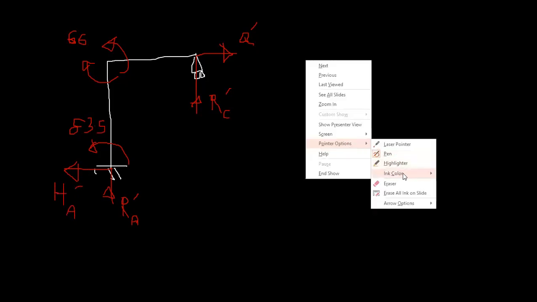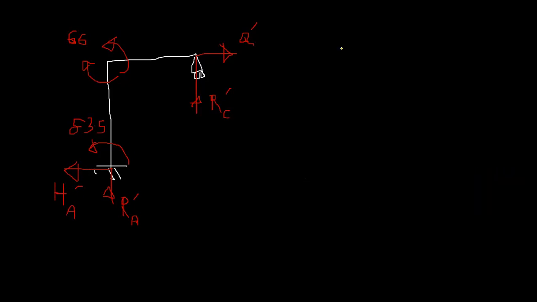This is a completely separate system, right? So again you need to find Q, right? To find Q, I will take sigma F in horizontal direction. So that's going to be Q dash plus, only this was minus HA dash, is equal to 0.